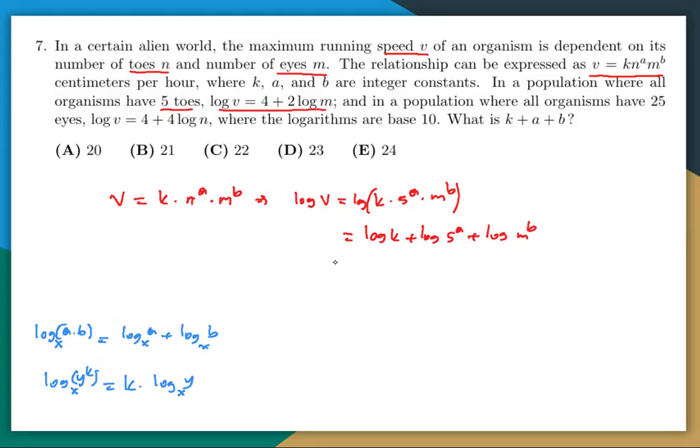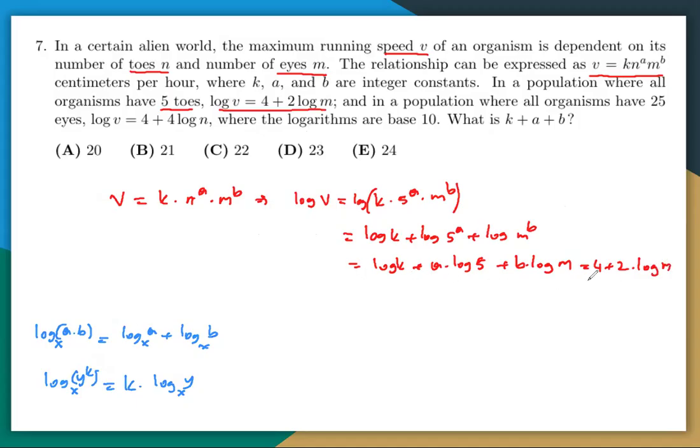Okay, so with that in mind, we can write this as log k plus, taking a in front, a times log 5 plus b times log m. And then we are told that is equal to 4 plus 2 times log m.